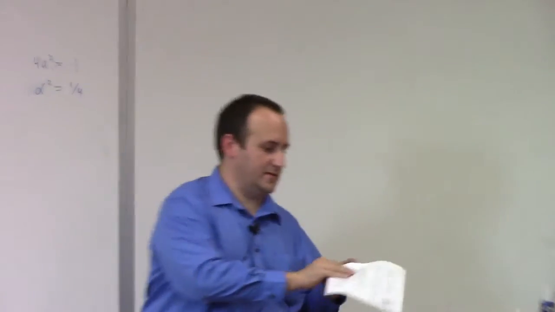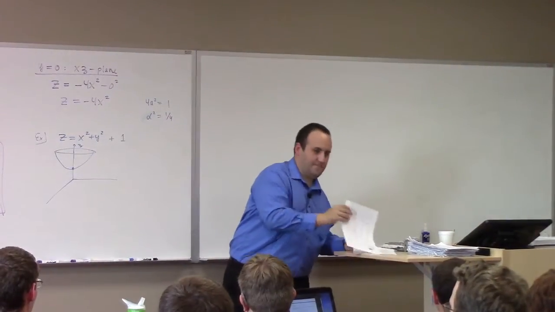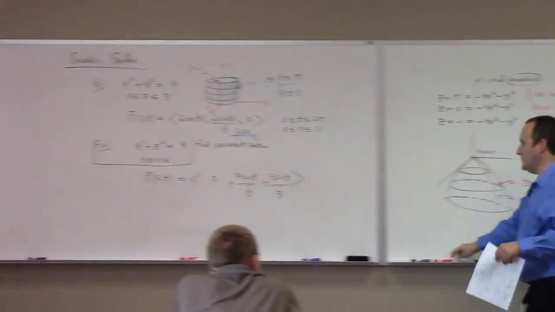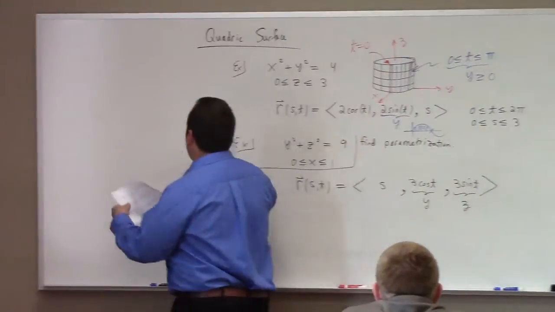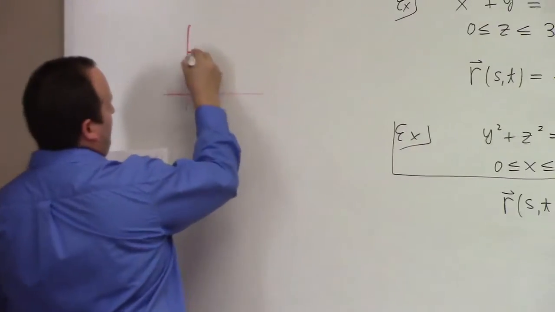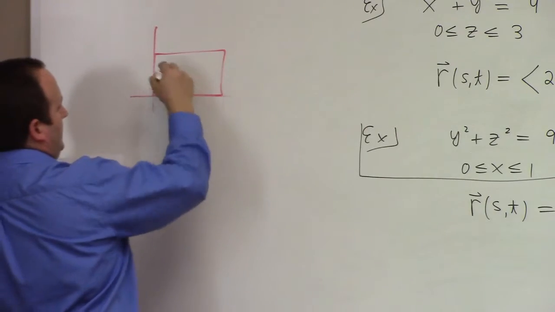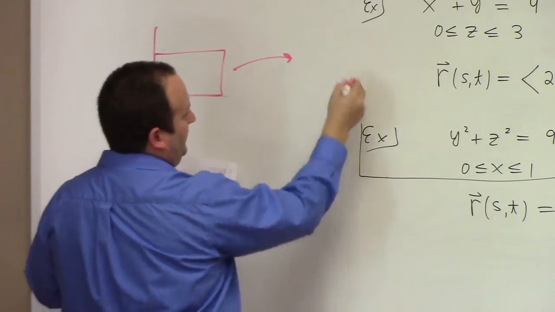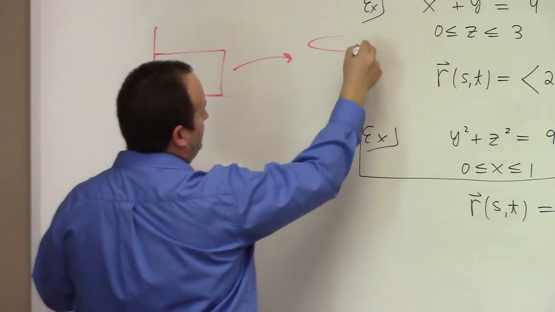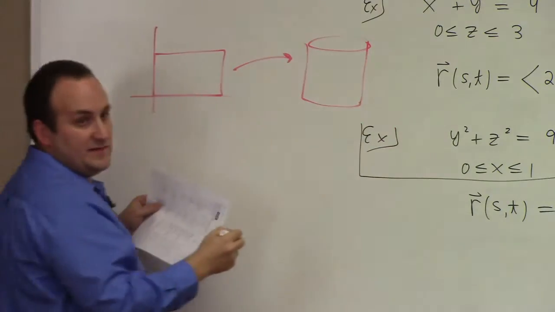Think of a paper. You can visualize what's going on in terms of a mapping. So you've got this piece of paper, and the parameterization is taking it and rolling it up into 3 dimensions.